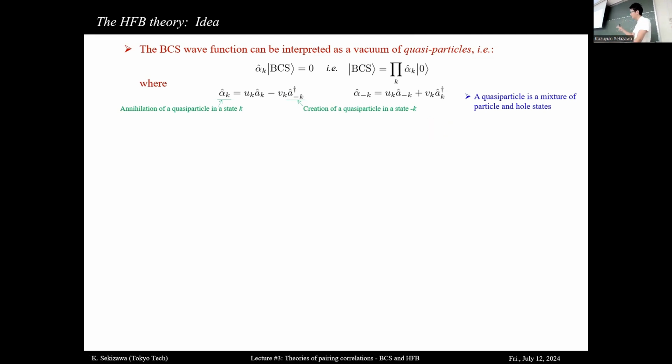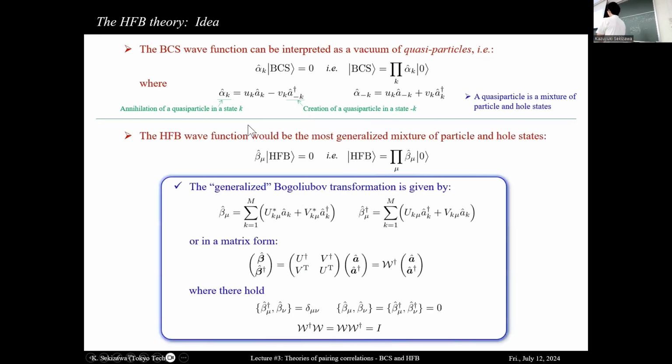In the HFB theory, we generalize these quasi-particles as much as possible. We define a new vacuum, the HFB state, which is a vacuum of quasi-particles different from the BCS quasi-particles.